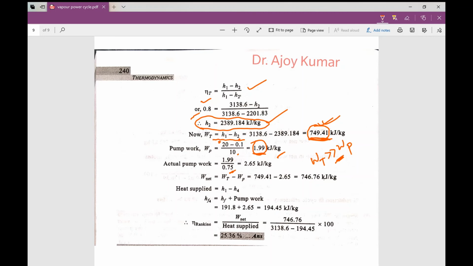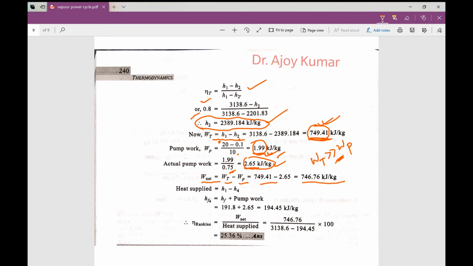It could be more than 1.99, and therefore it is divided by 0.75 over here. So this is the actual pump work. Then we can calculate net work, that is turbine work minus pump work. So this net work is known to us.